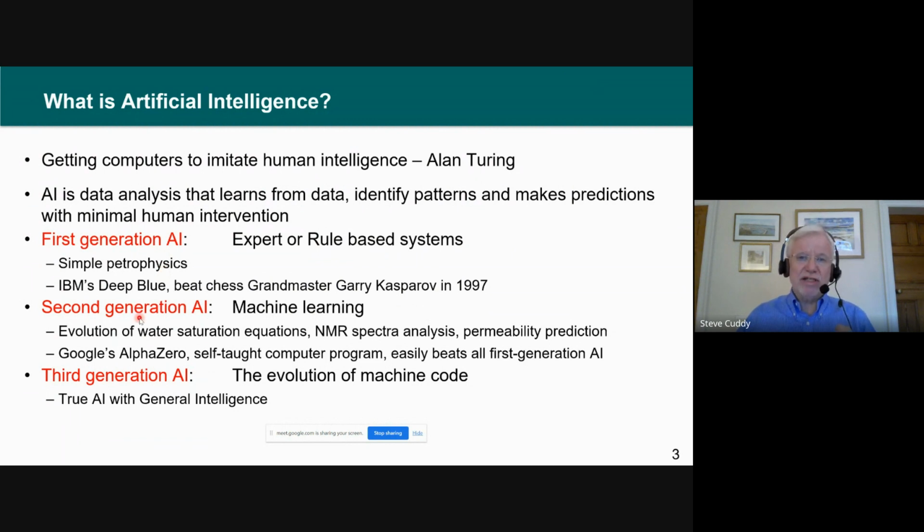The second generation of AI is where we are today. A better word for this is machine learning. It's an area of artificial intelligence which I will be using today in Petrophysics. And I will show you this in the 5 case studies, actual case studies from Petrophysics.